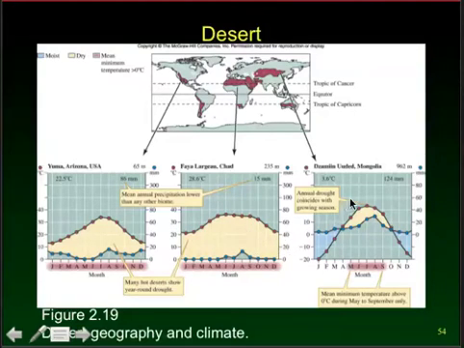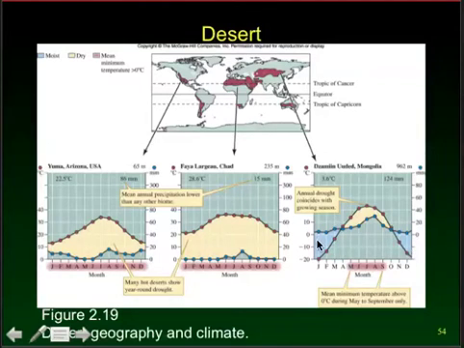Here's an example from a cold desert, and what you're seeing here is the Gobi Desert. What you have are drought periods during the summer, and extremely cold winters. Now, you might look at this diagram immediately and say, well, look, the precipitation line is above the temperature line during the winter months, and that's true.